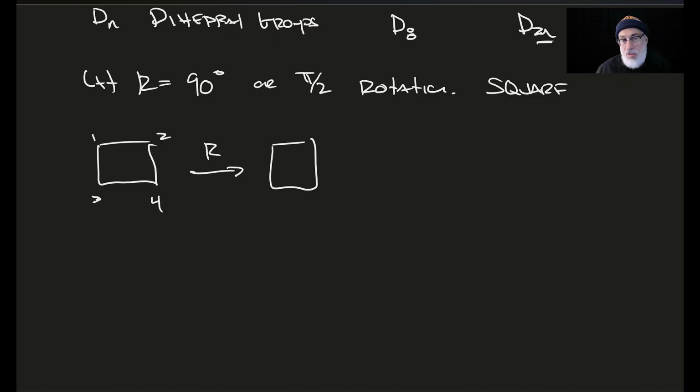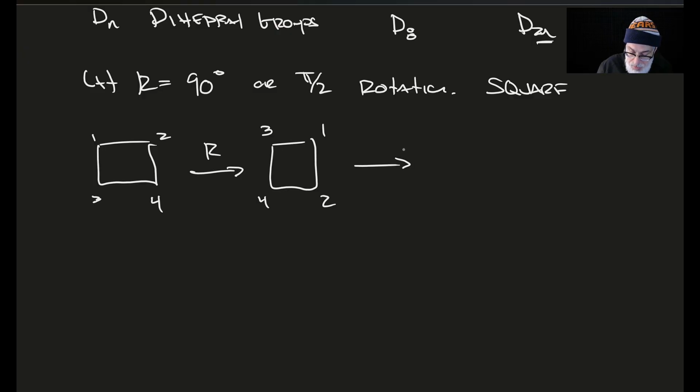These aren't all going to look like squares. They might look like rectangles. I'm drawing by hand here, of course, so bear with me. So a 90-degree turn, we'll put 1 here, 2 here, 4 here, and 3 here. It just takes it and turns it.